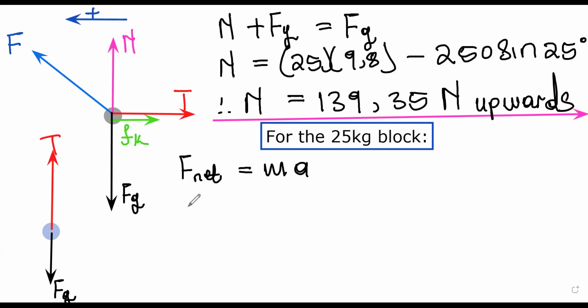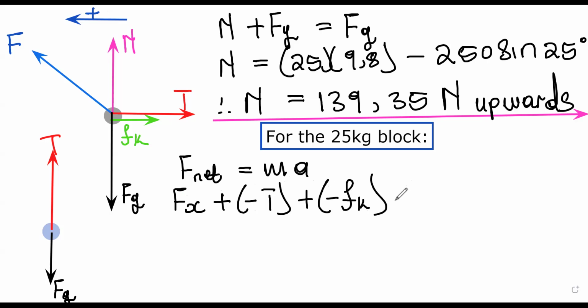It means that my F in the x is going to become positive, but my tension will become negative, and the same holds for the kinetic frictional force. And this is equal to ma.